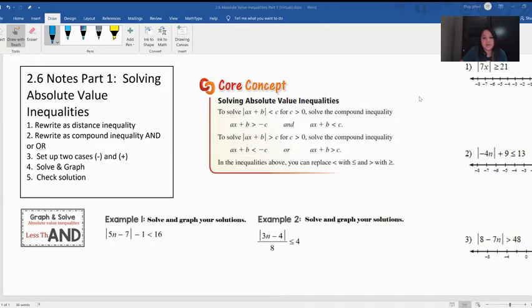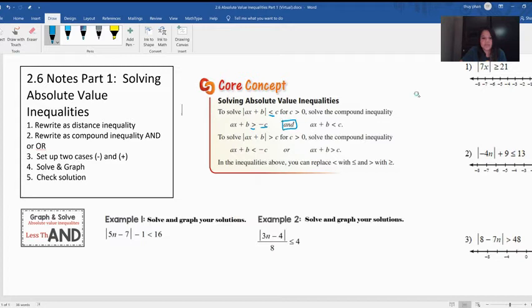So for example, if you want to solve the absolute value of ax plus b less than c, where c is greater than 0, we're going to solve the compound inequality where we rewrite it as ax plus b is greater than negative c. Notice that the original was less than, and then you had to reverse the sign and make sure that c is negative.